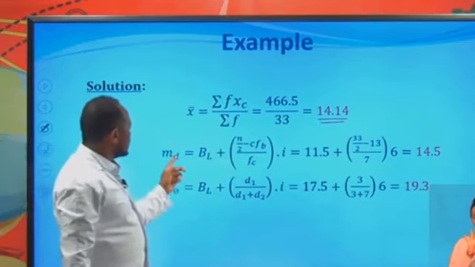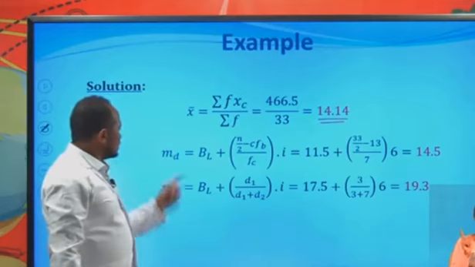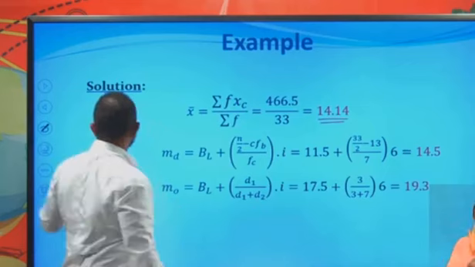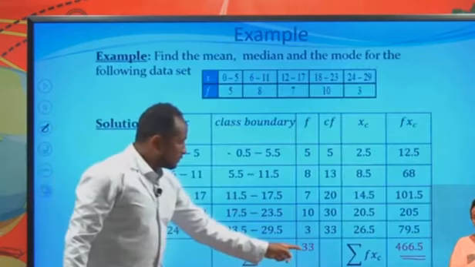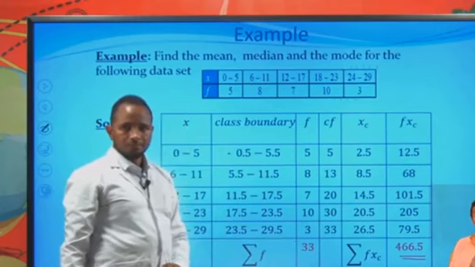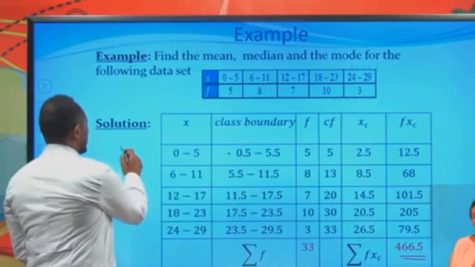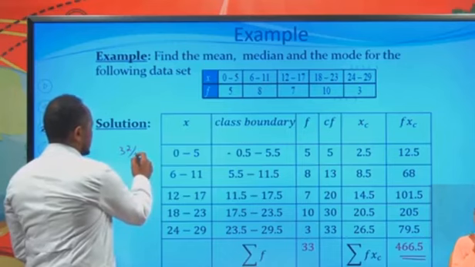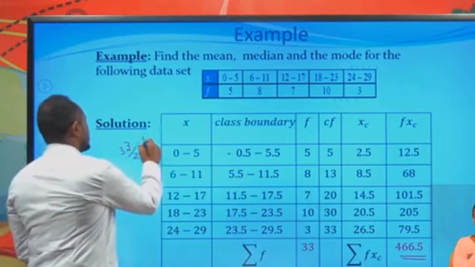Okay, to calculate the median, first we need to find the median class. We have 33 data, so divide 33 by 2, it is 16.5.